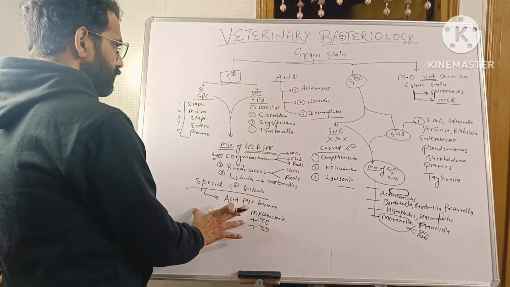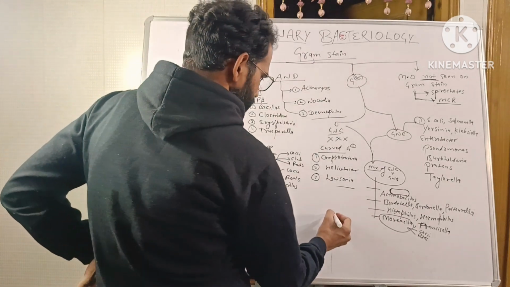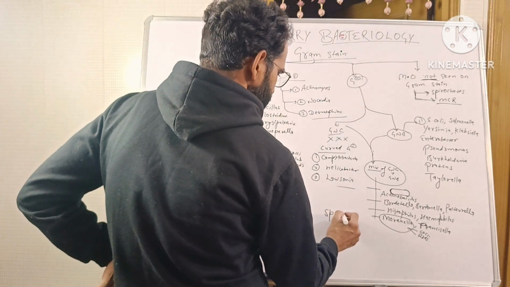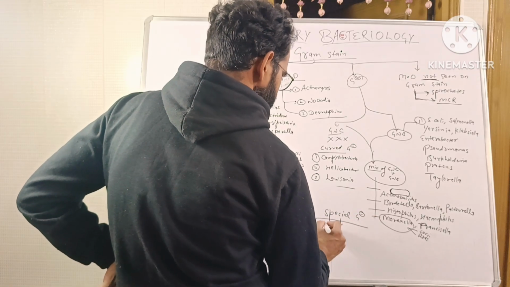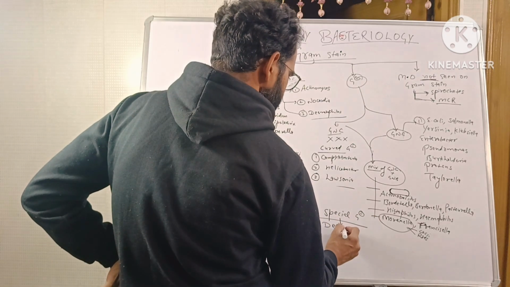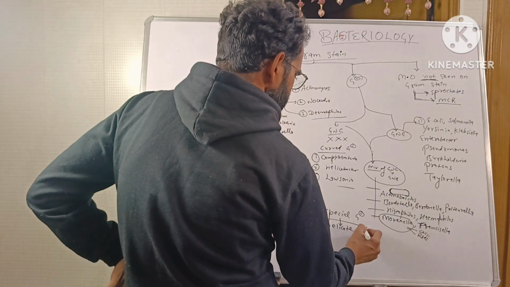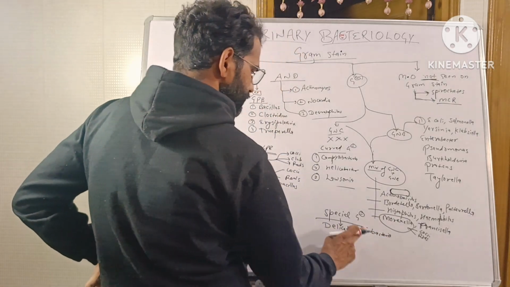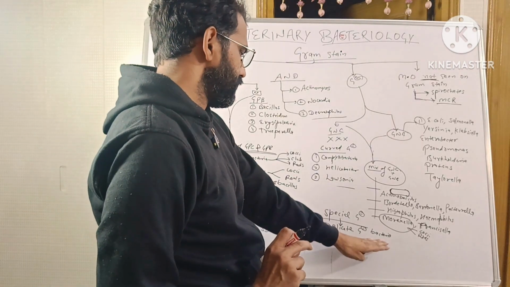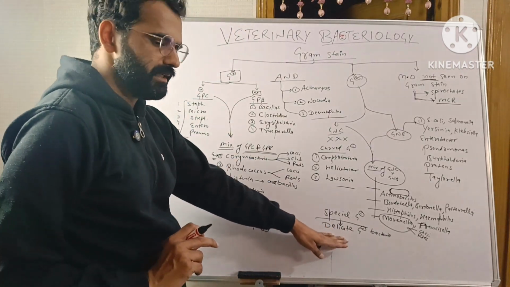Then similar to the gram positive bacteria, here also we have some special gram negative bacteria. Why are they special? We call them delicate gram negative bacteria because they are more susceptible outside the host cell and can be easily destroyed.